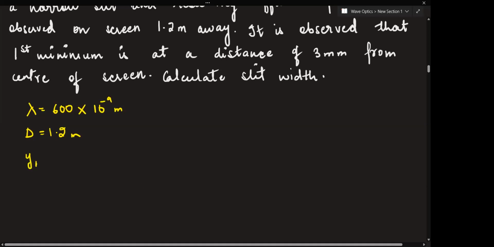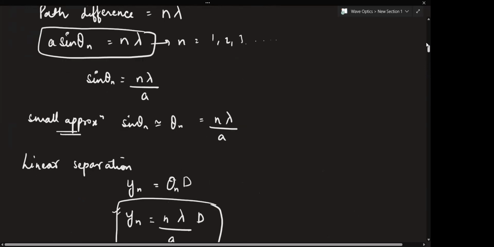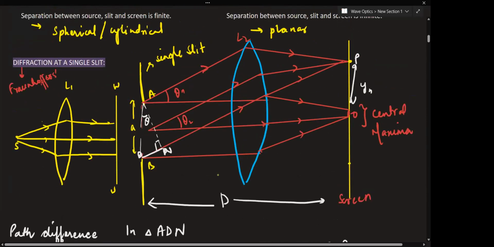Now the linear separation is also given to us, that the first minimum is at a distance of 3 millimeters. This means that if this is our first minimum, then it is at a distance of 3 millimeters from the center of the screen.